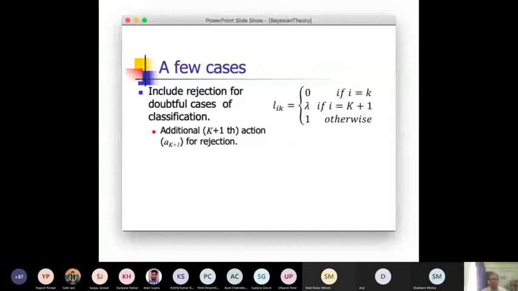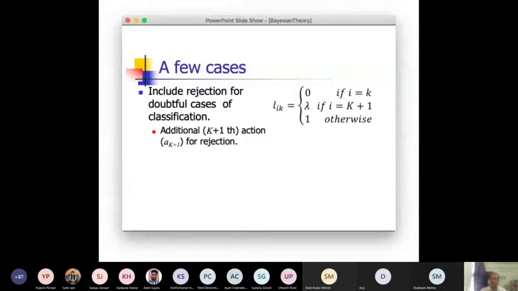That is the kind of inductive assumption. Those are the inductive biases in our model, that we assume only this many classes exist, and your sample belongs to one of them. So with that premise, you are developing this kind of theory here. But in the doubtful case, you do not assign. You know that it has to be assigned. There is some class to which this sample belongs, but you are not sure.